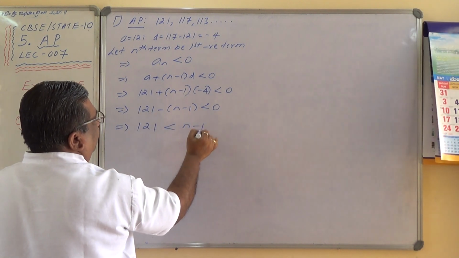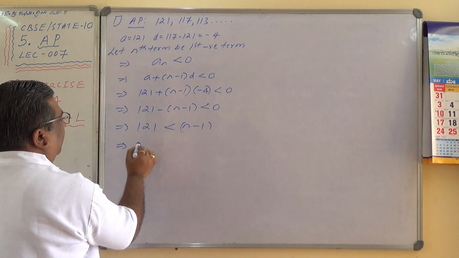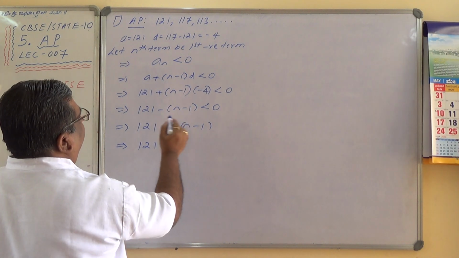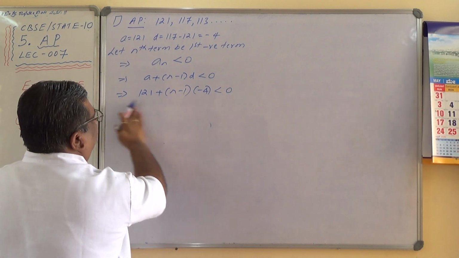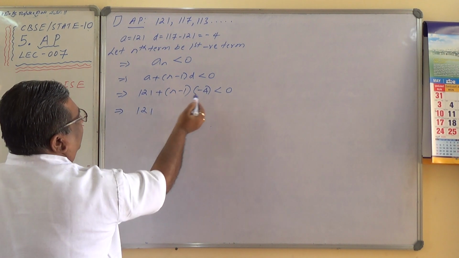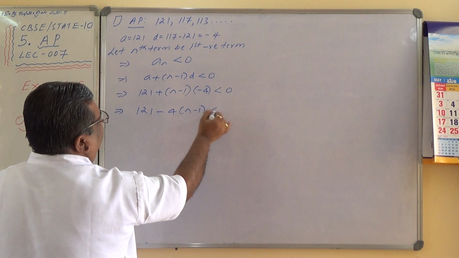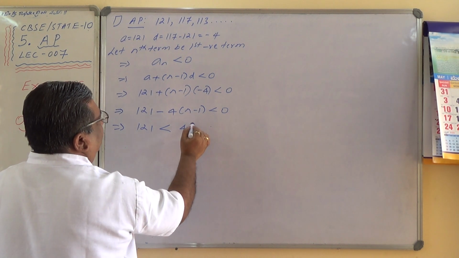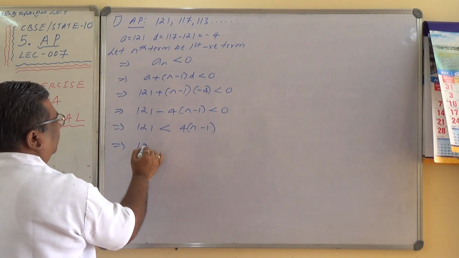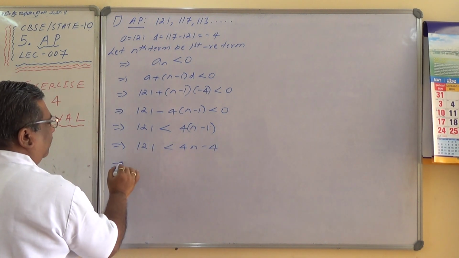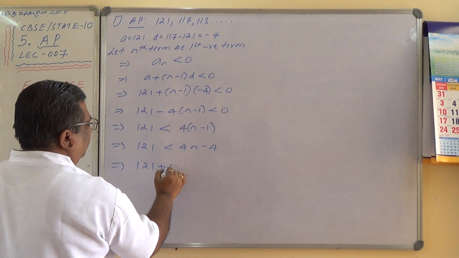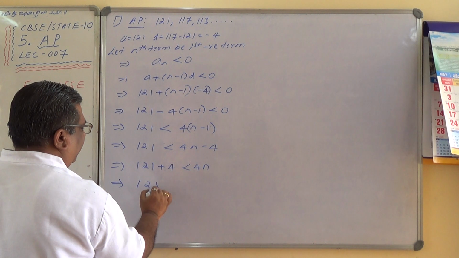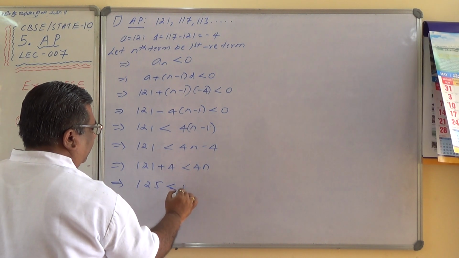Just a moment, I made a mistake here. 121 minus 4 times (n minus 1) less than 0, so 121 minus 4n, transpose 4 this side. Implies 125 and 4n.